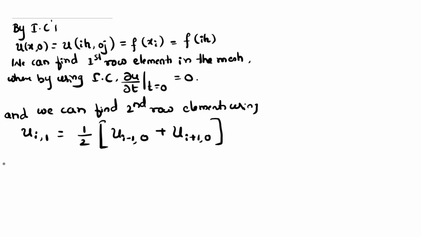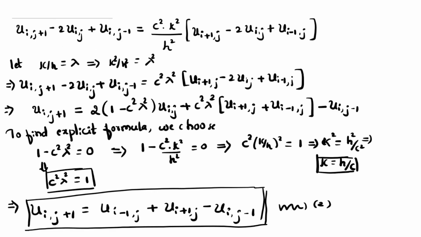Next, after the first column, last column, first row and second row, whatever rows are left in the mesh, we can find those values by using the explicit formula, that is equation 2.